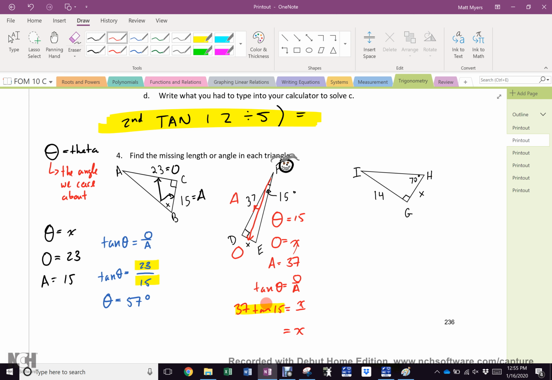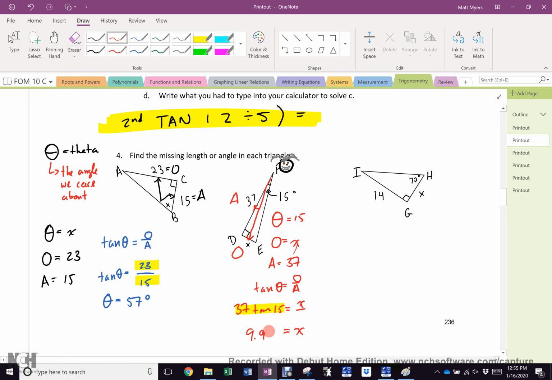What is your answer? Well, it's 9.91, right? We only round angles to the nearest number. So 9.9.